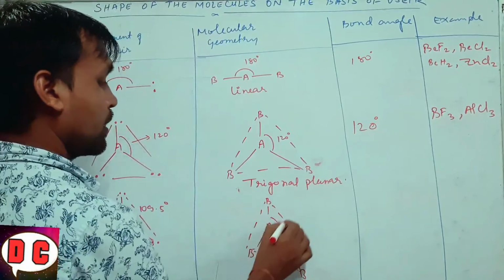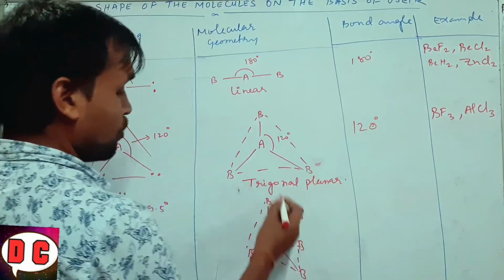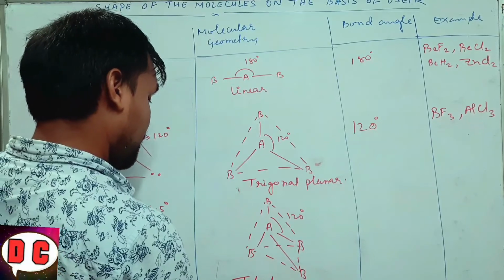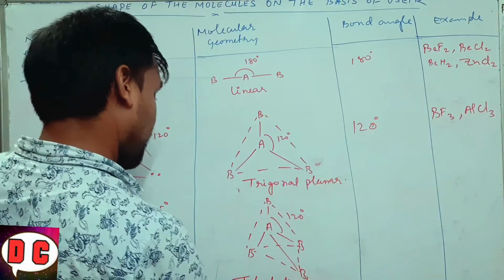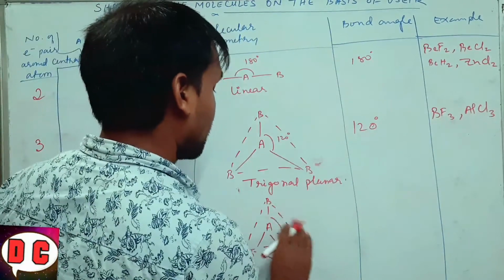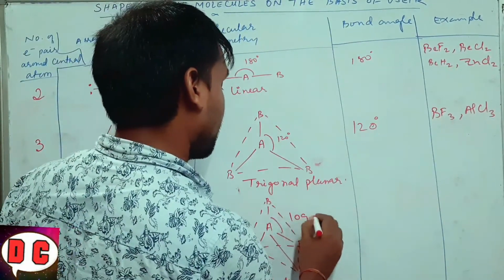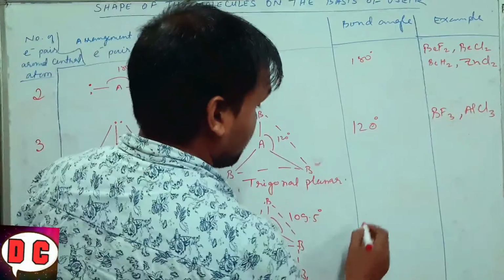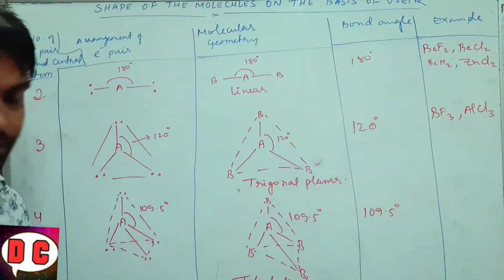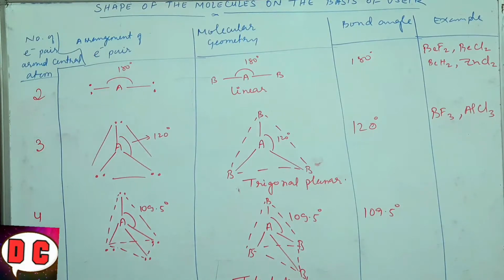Here the geometry we call tetrahedral. And what is the bond angle here? The bond angle here will be 109.5 degrees. All tetrahedral structures have a bond angle of 109.5 degrees.